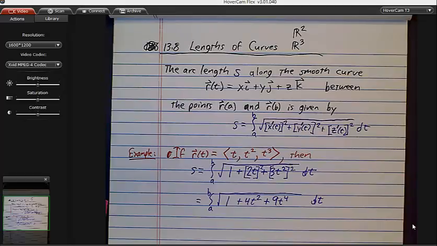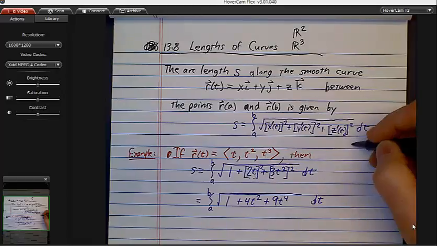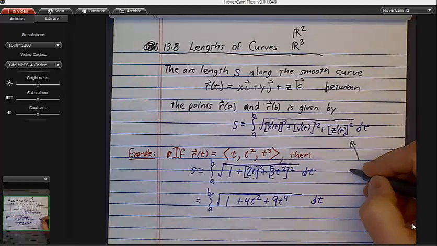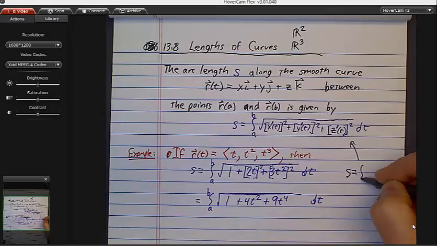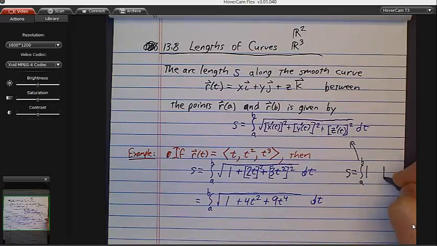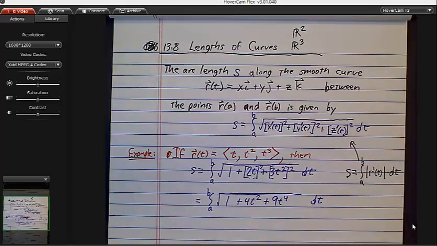What's the general formula, right? What you're really doing when you do the arc length is you're integrating from A to B the length of r prime of t dt. Right? You're integrating the length. Guys, think of it this way.